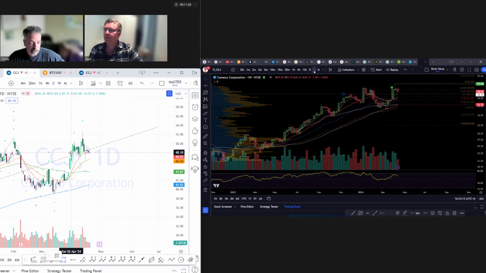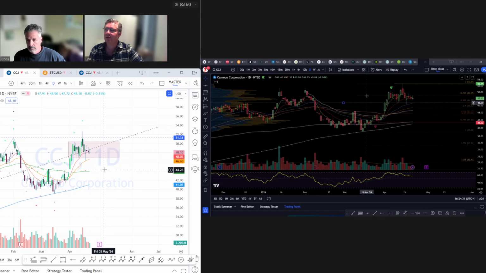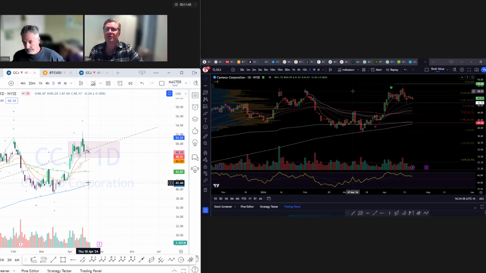The other thing I'm looking at here with CCJ is that, other than the failed breakout, which I sort of highlighted a couple of weeks ago, how there was big volume as it broke those tops and it's failed away from it, but it's really struggled to find its feet since, and it looks pretty soggy. And as you said, as the volume goes away, I wonder how many people are still stuck long on that attempted breakout that's failing.